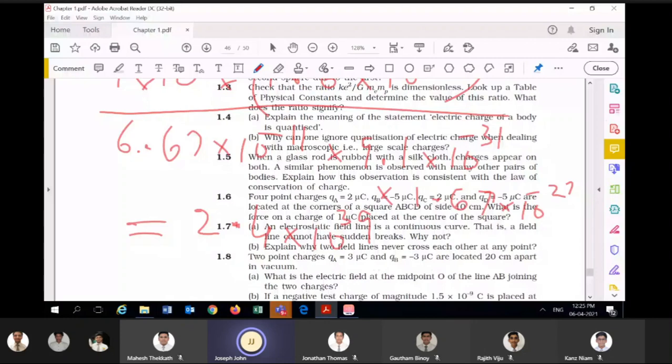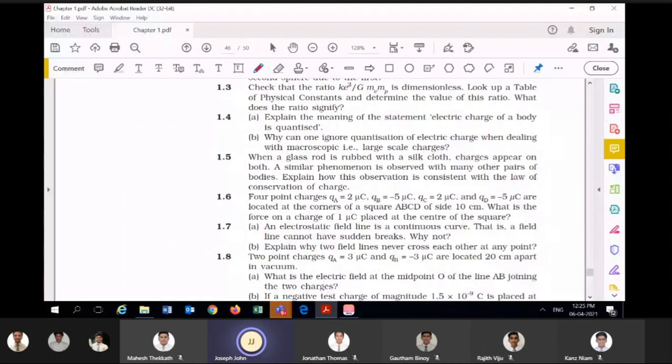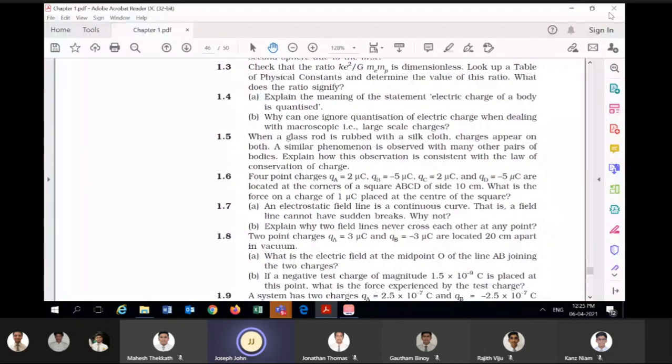This is the ratio of electric force to the gravitational force between a proton and an electron.